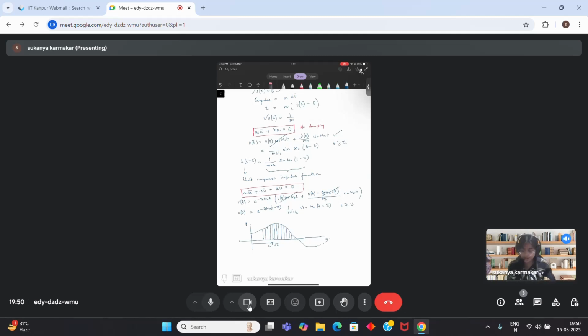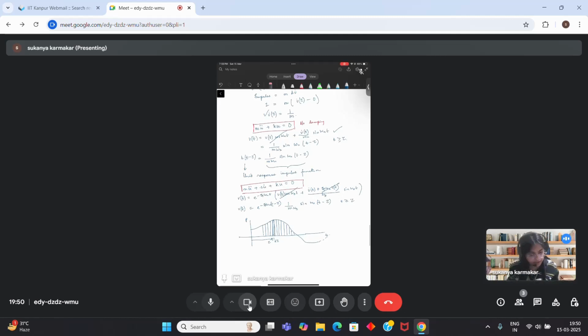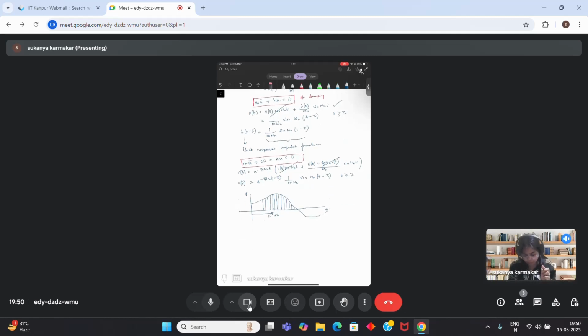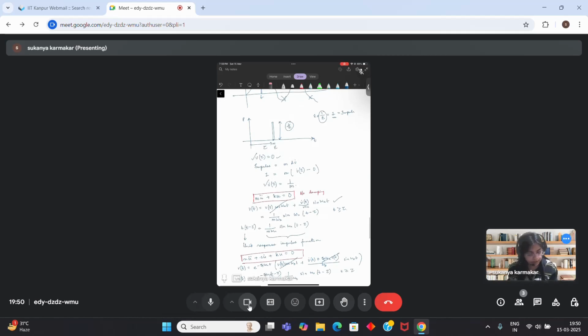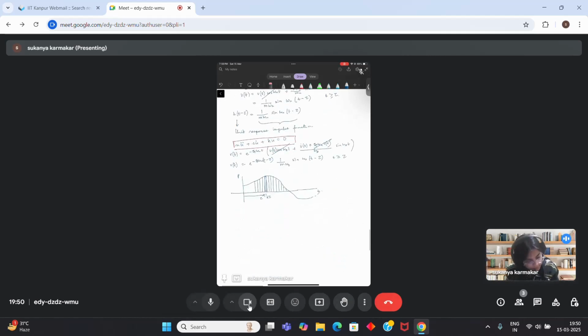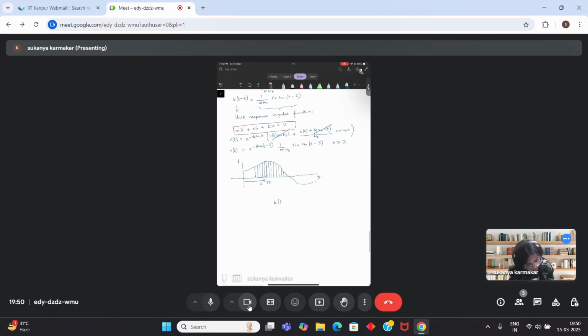Since the body is linear elastic, when there is only one unit impulse acting on this body, what is the response? h(t minus tau) will be the response.